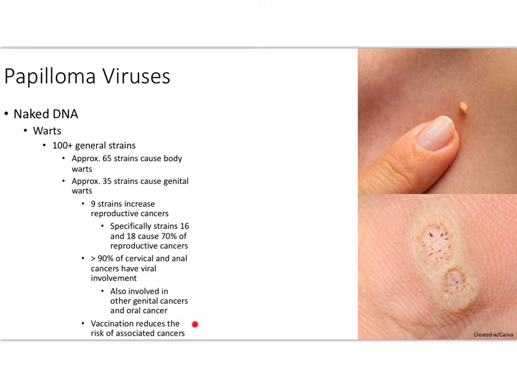The good news is we do have vaccines for HPV, the human papillomavirus, and those vaccines do help protect against primarily strain 16 and 18 of these viruses, so that when people are exposed to them, they have less of a chance of developing cancer as a result.